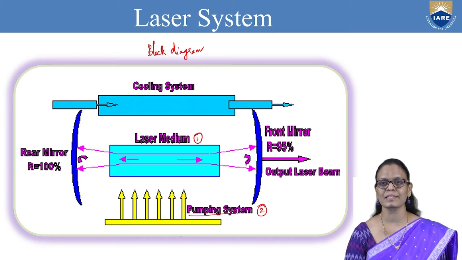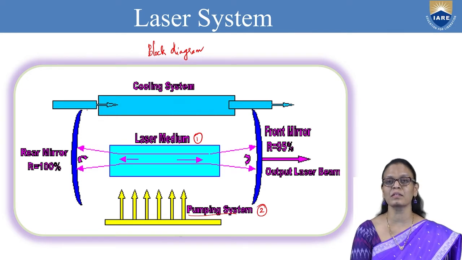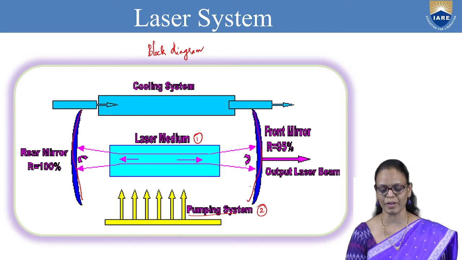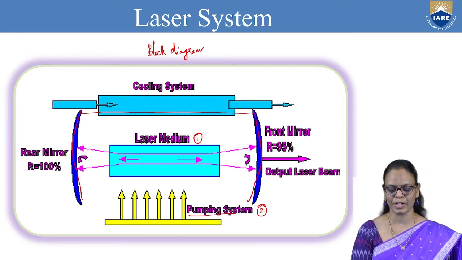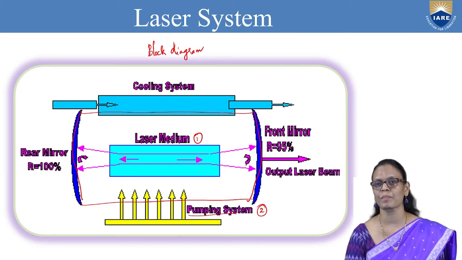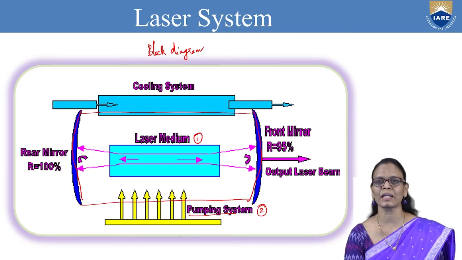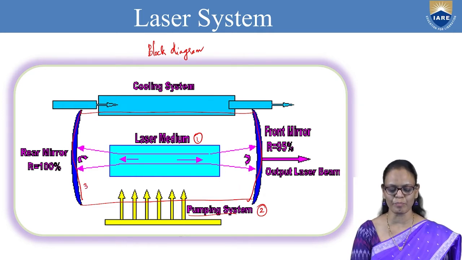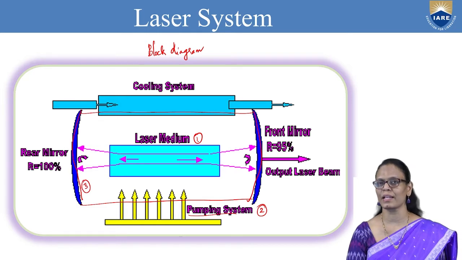And the third one is the optical cavity, which will have two reflectors. One fully reflecting and one partially reflecting. I may call this the cavity, in which we are taking the active medium and putting two reflectors. So these are the three very important parts in the laser system.